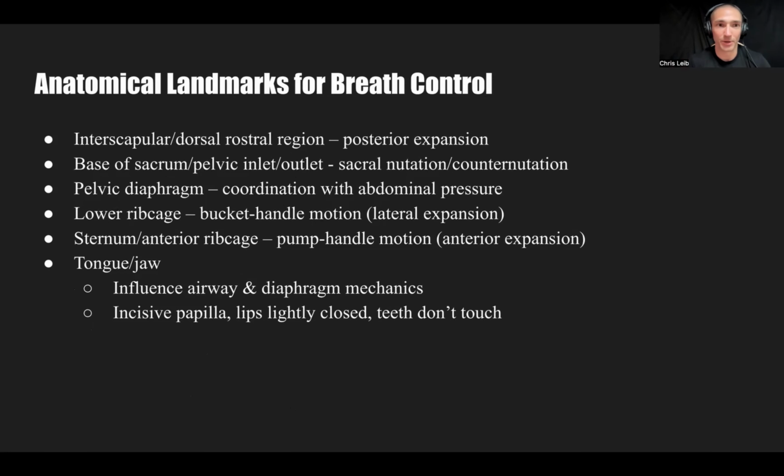Bill Hartman calls this the dorsal rostral region, or it's a part of this area. That can be thought of as where the back of the lungs would inflate and create a posterior expansion. But this area is important, especially when we're looking at shoulder motion, where there's going to be a ton of compensation of the shoulder blades basically retracting together, or coming closer together.